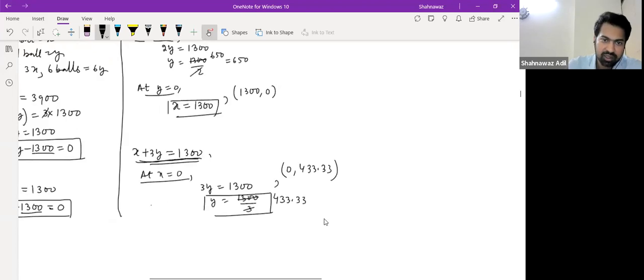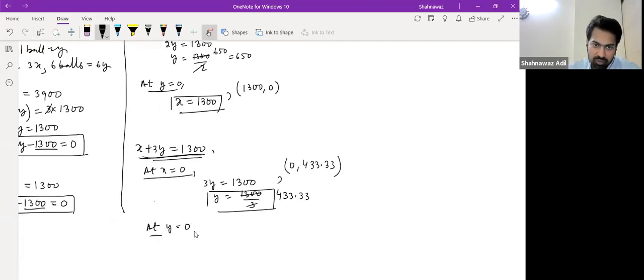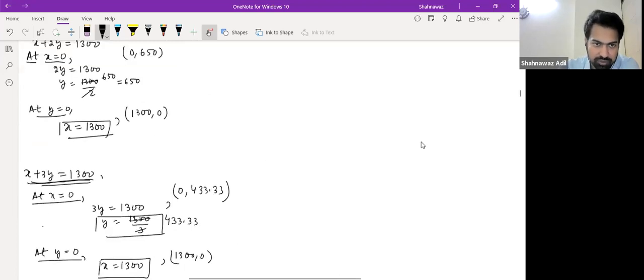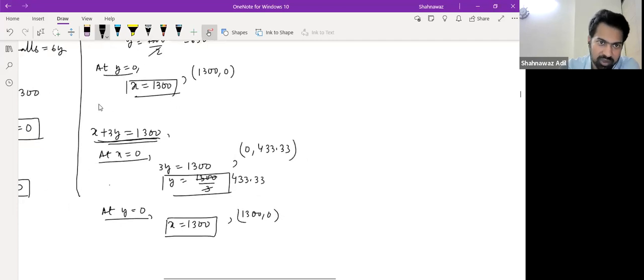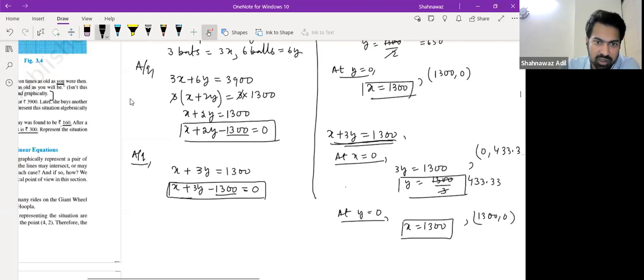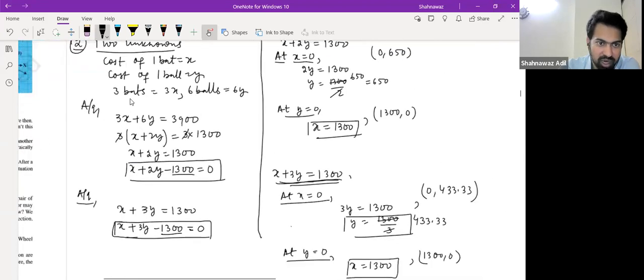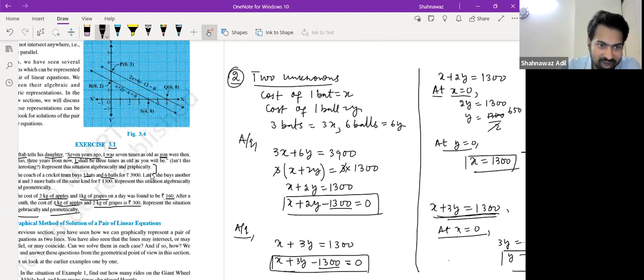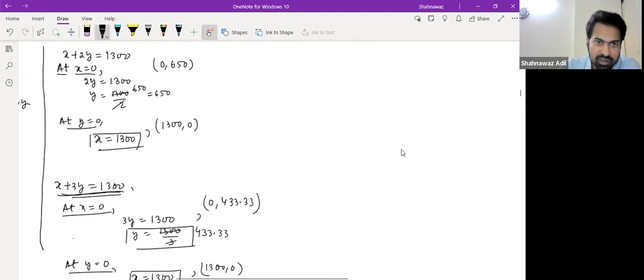And at y equals 0, the point would be 1300, 0, because then x is 1300 and the cost of the ball is 0. So let us draw these graphs.